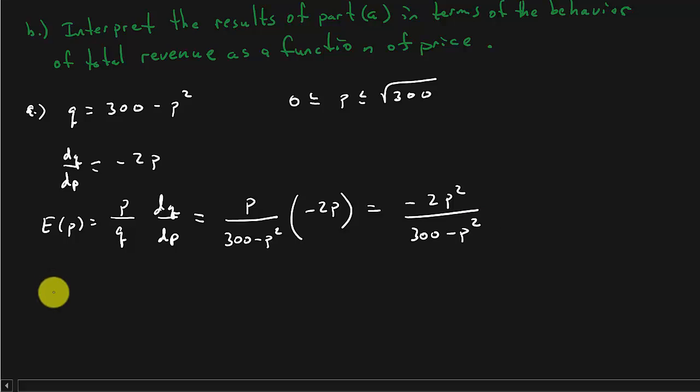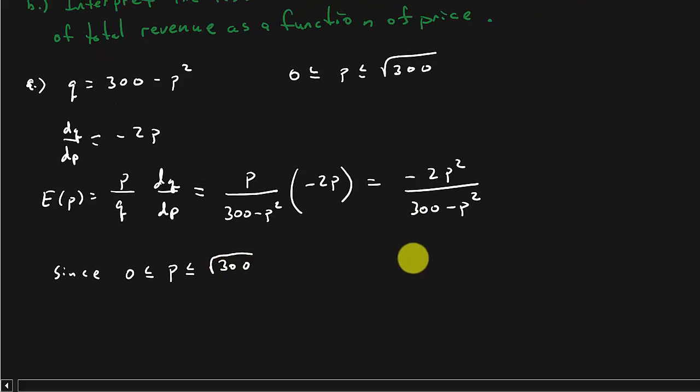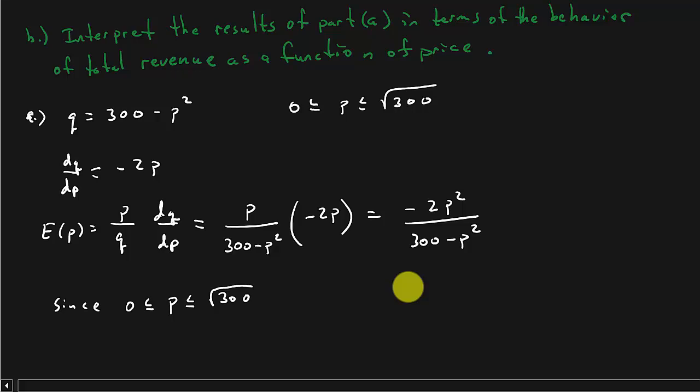All right. And since we have P between 0 and the square root of 300, let's think about this. Obviously P is not going to be able to equal the square root of 300 because that would give us a 0 in the denominator. But notice whatever number we plug in, the denominator is positive, and the 2P squared up here is positive.